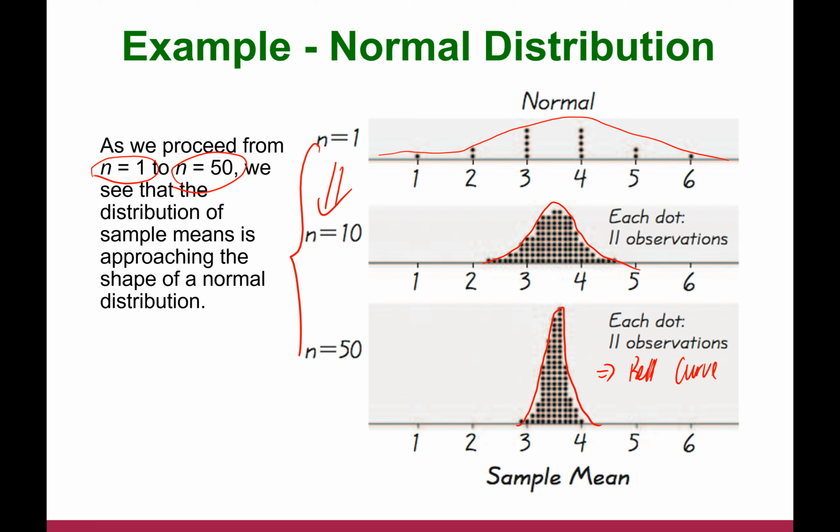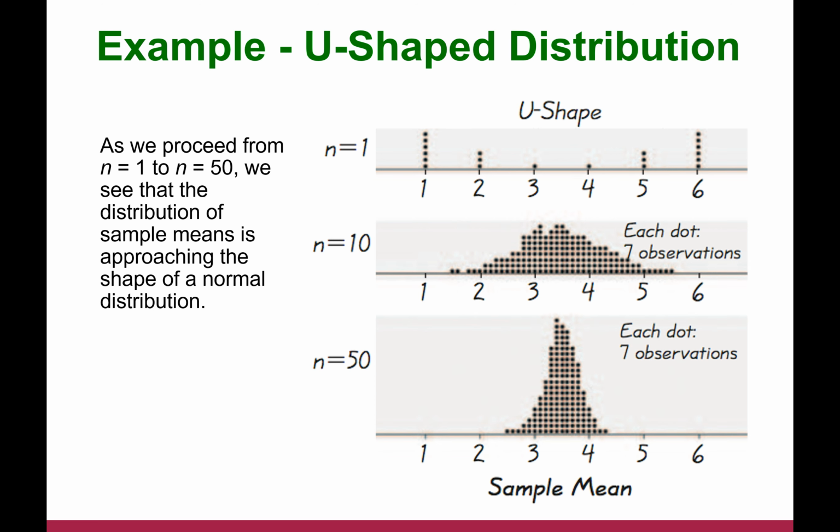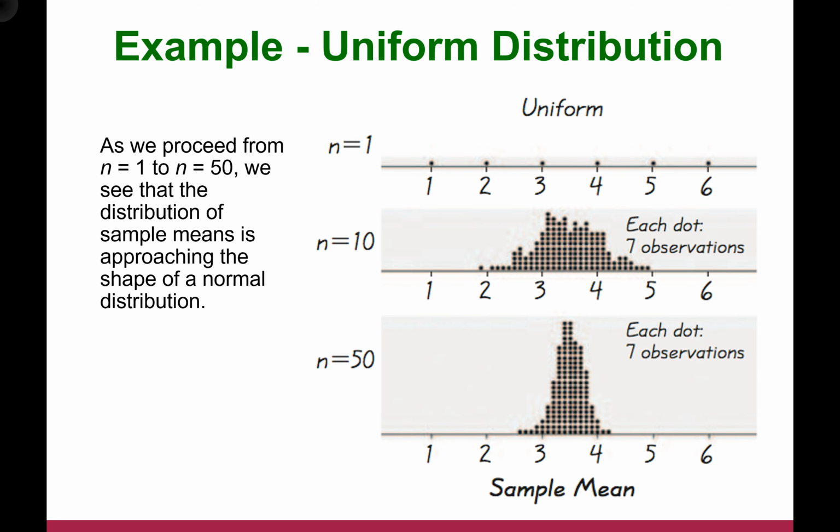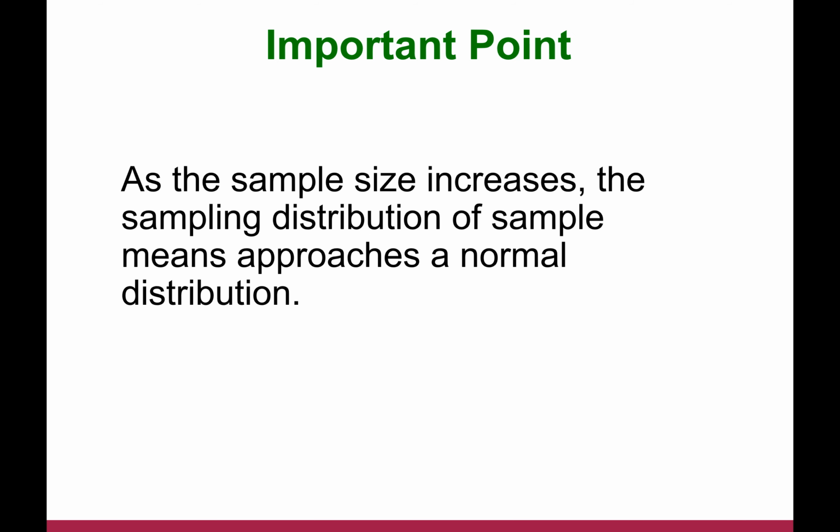So the bigger the sample size, the better the approximation is. As the sample size increases, the sampling distribution of the sample means approaches the normal distribution.